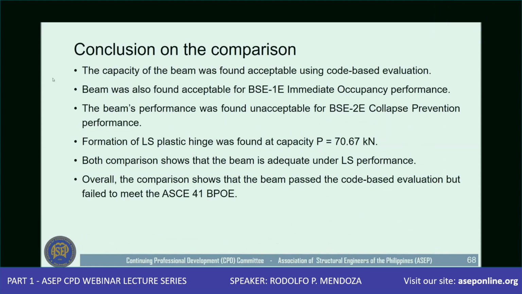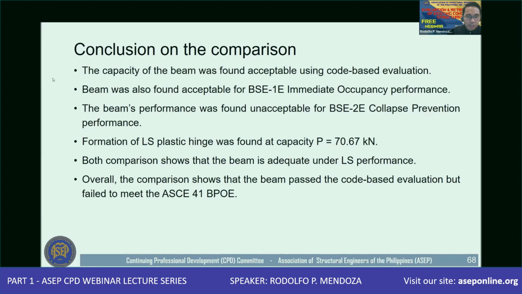So as a concluding remark from the comparison, the capacity of the beam was found acceptable using code-based evaluation, while the beam was also found acceptable using performance-based evaluation under immediate occupancy performance. However, the beam was not found to be acceptable for BSE-2E, collapse prevention performance.